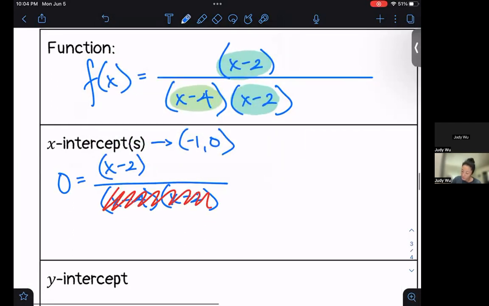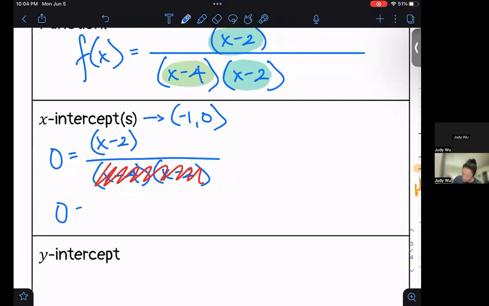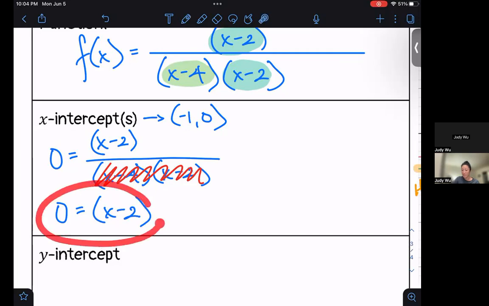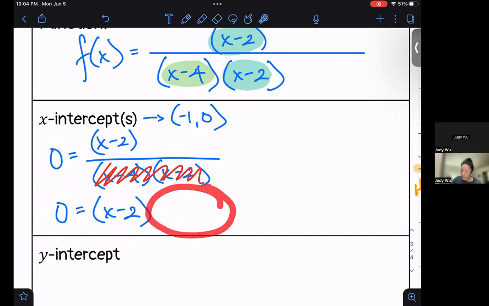And so when we revisit that, we actually end up with 0 equals x minus 2. Now, this shows me that x equals 2 would be an x-intercept, but we know that's a hole, so that can't be true. So what we need then is another factor so that when I set it equal to 0, I'll get x equals -1.